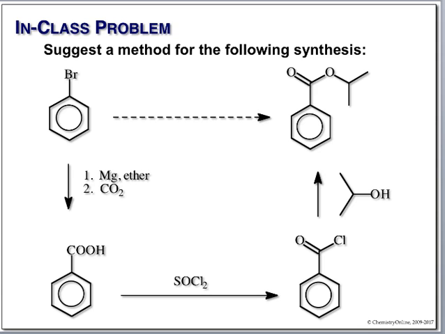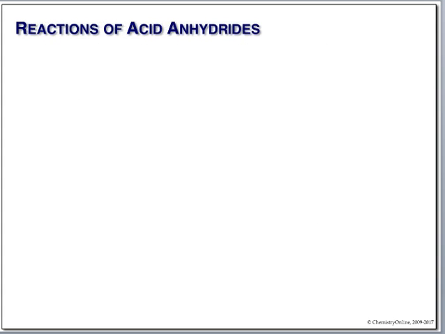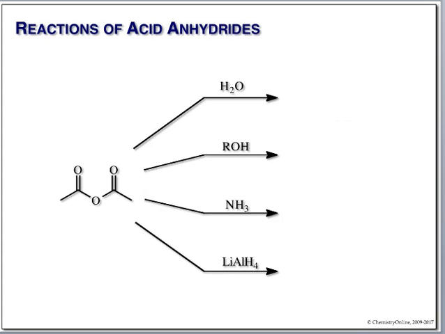Well, we said that acid halides were the most reactive. The next most reactive acyl group is going to be the anhydride. But again, the chemistry is going to be exactly the same. Water is going to split it to make acids. Alcohol will split it to make esters. Amines will add to make amides.